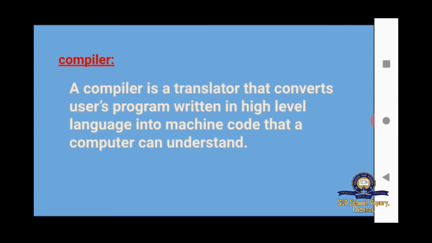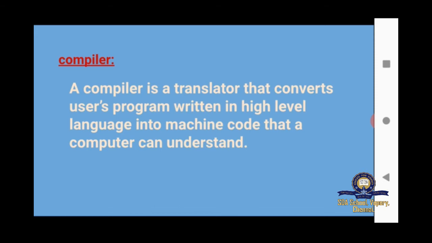As humans, we know different languages, right? We know different languages like Tamil, English, Hindi, Telugu, and some more. But a computer knows only machine language, that is zeros and ones.